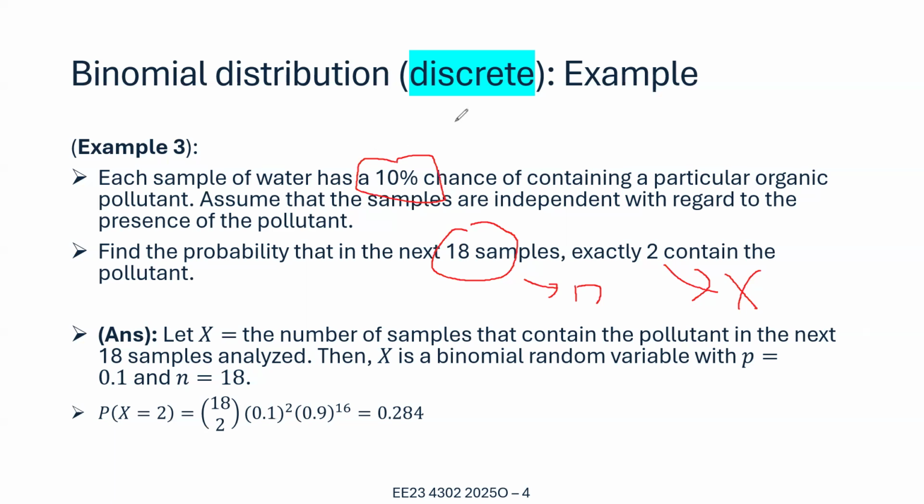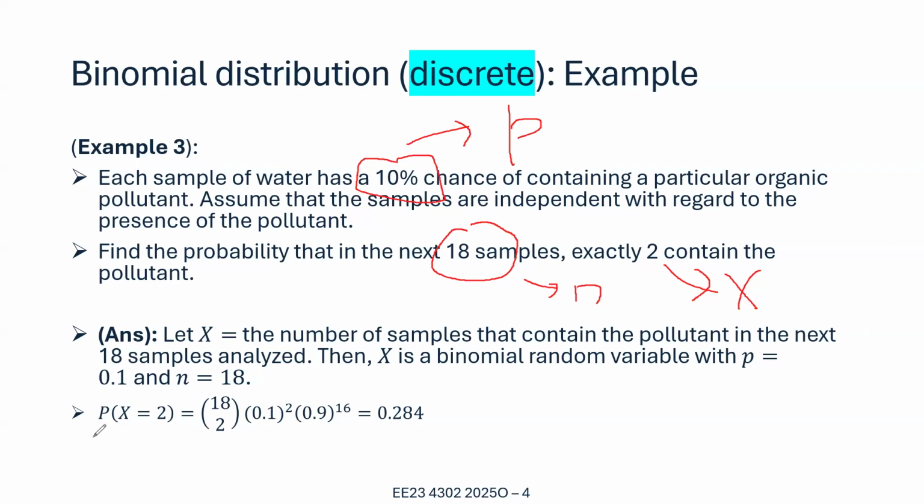So in this case, this would be p. So we just plug these numbers into the formula.